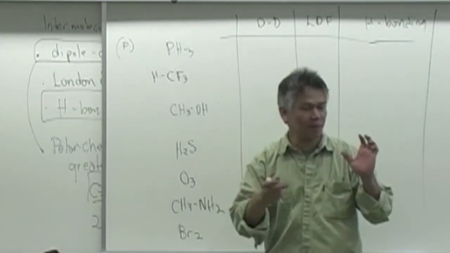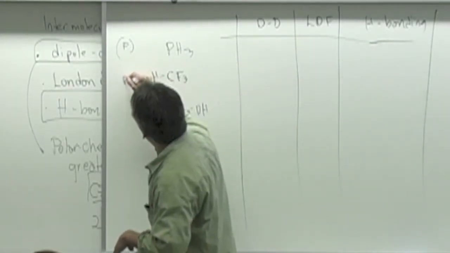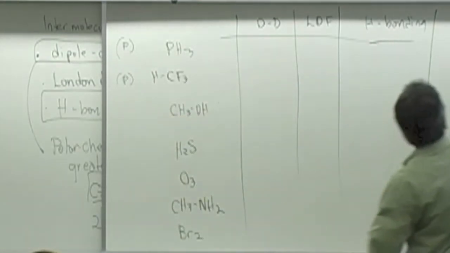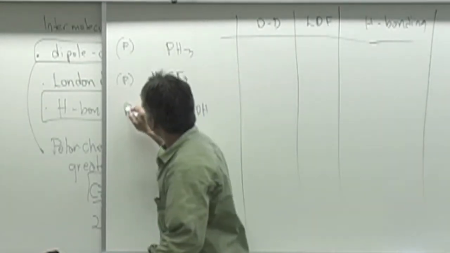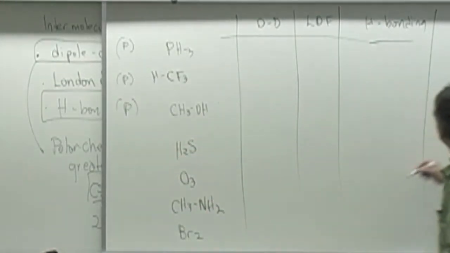Polar, because it's not symmetric. Methanol has an OH in one of the sites. Polar. H2S, similar to water, it's bent. You guys said polar.